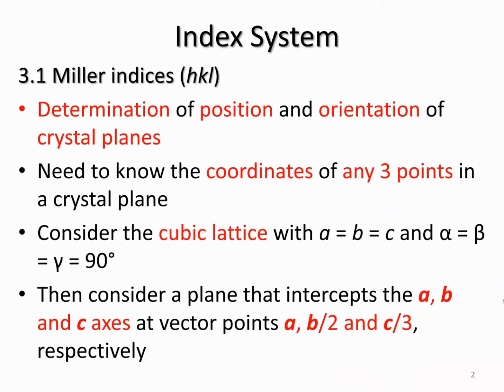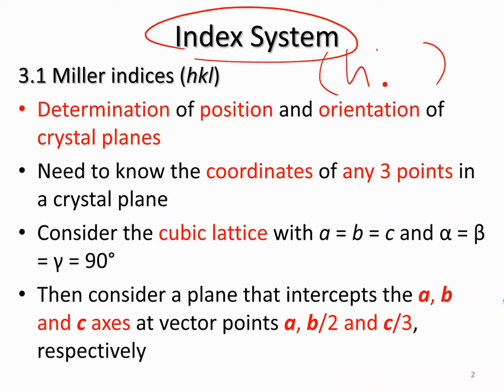So the Miller indices (HKL) are an index system to specify a plane. We normally write Miller indices not with square brackets, but with round brackets (HKL). These Miller indices can be used for the determination of the position and orientation of a crystal plane.